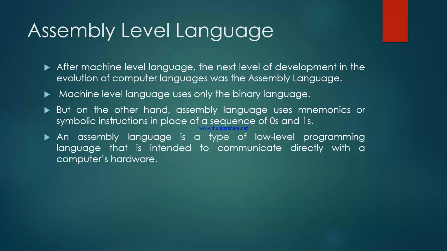which came after the machine level language as the next development in the evolution of computer languages. Machine level language uses only the binary language, as we discussed earlier, but on the other hand, assembly level language uses mnemonics or symbolic instructions in place of the sequence of zeros and 1.